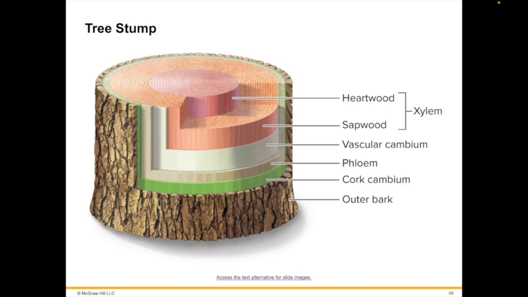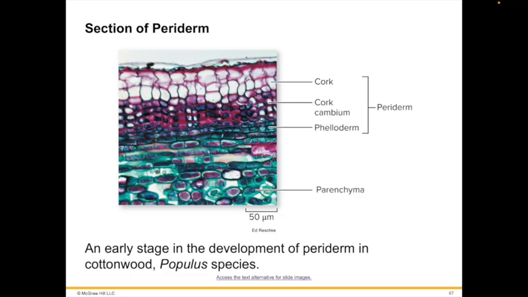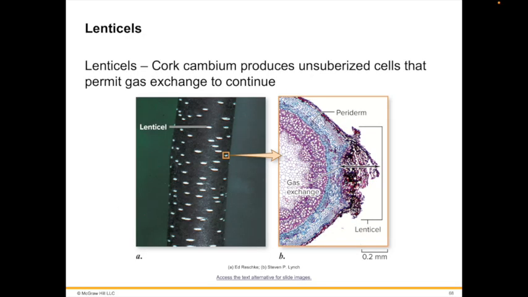As you become acquainted with the following modified stems, keep in mind that stems have leaves at nodes and internodes between the nodes, and buds in the axils of leaves, whereas roots have no leaves, nodes, or axillary buds.